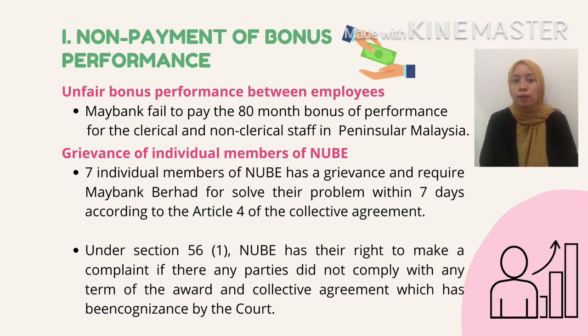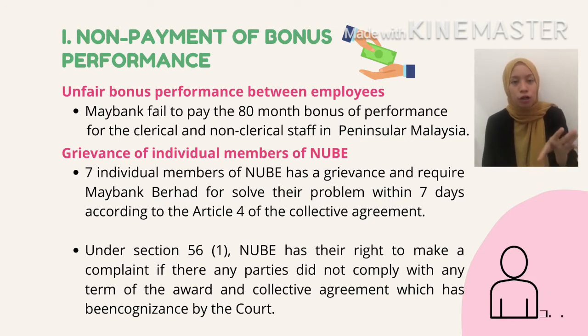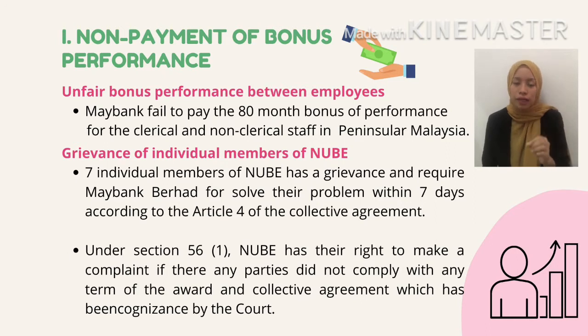Therefore, if one party fails to reach the agreement, this issue can be complained to the Industrial Court under Section 56 Sub 1 because the party did not comply with any award and collective agreement.